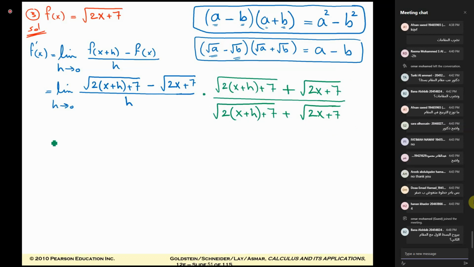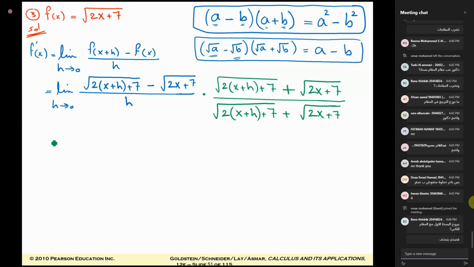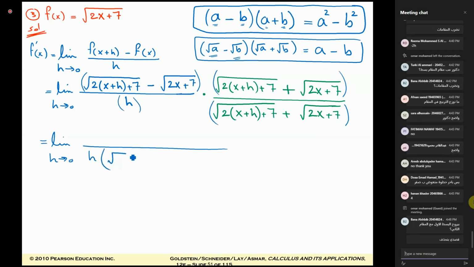Now this equals limit h goes to 0. After multiplying these brackets with these brackets, numerator multiplies numerator and denominator multiplies denominator. The denominator is h multiplied by radical 2x plus h plus 7 plus radical 2x plus 7.